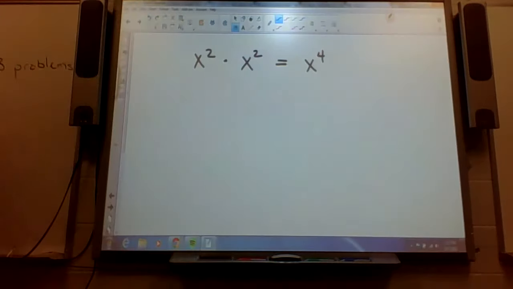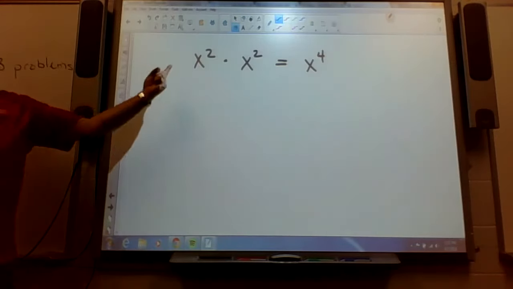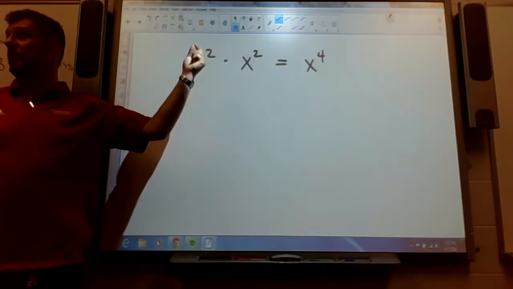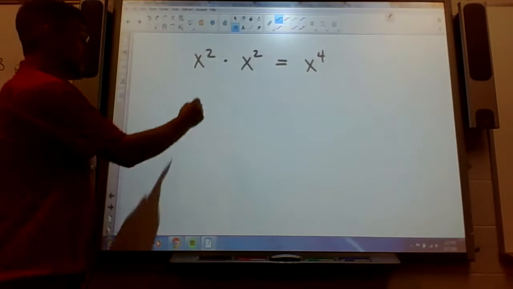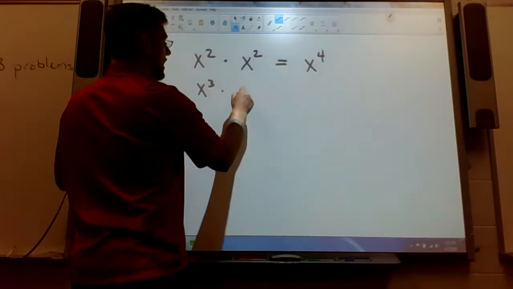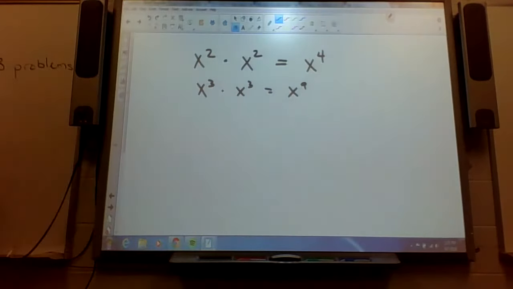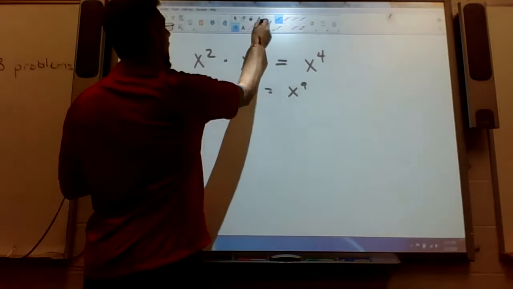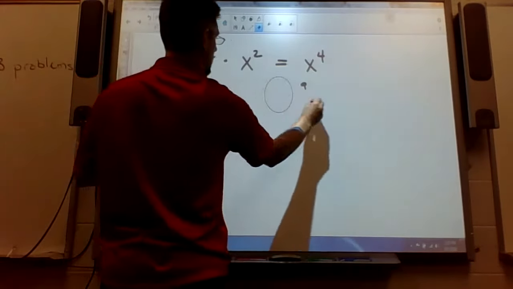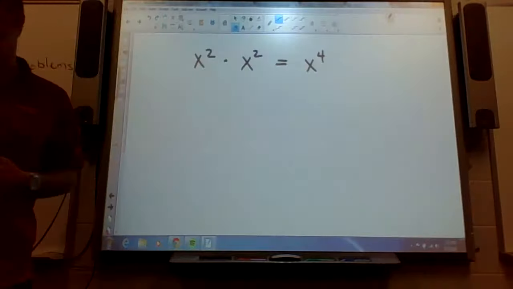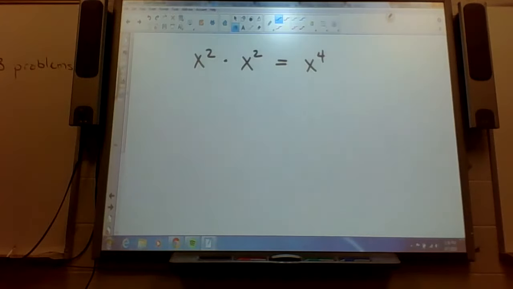Why? If I multiply these two, do I multiply the exponents? So then x cubed times x cubed is x to the ninth. You add them, right? Why do you add the exponents? Because it works. Because reasons, right?